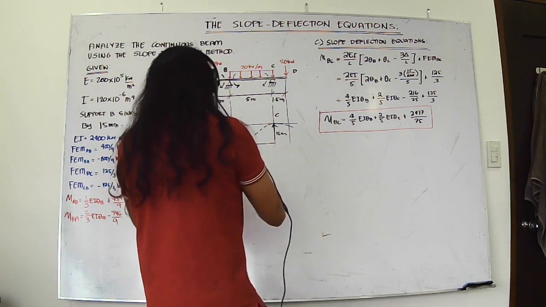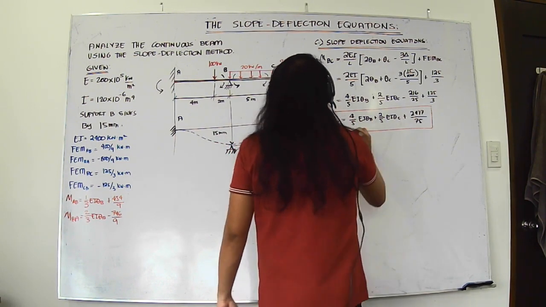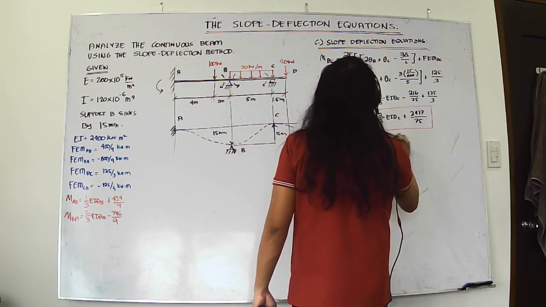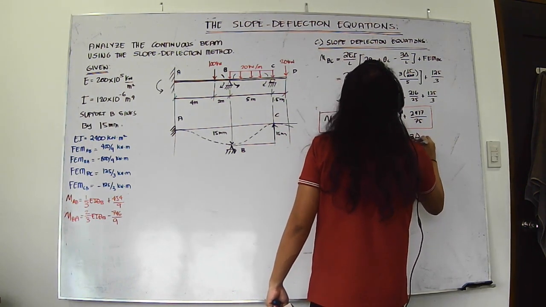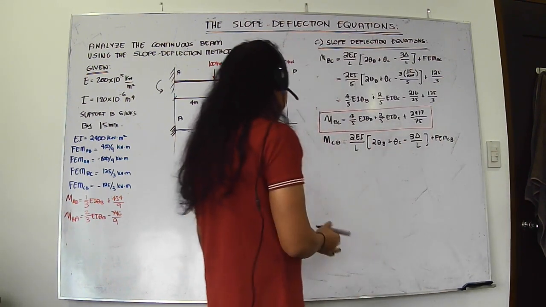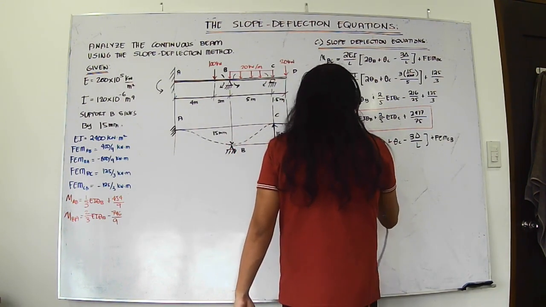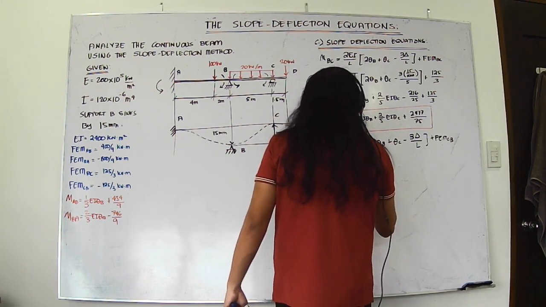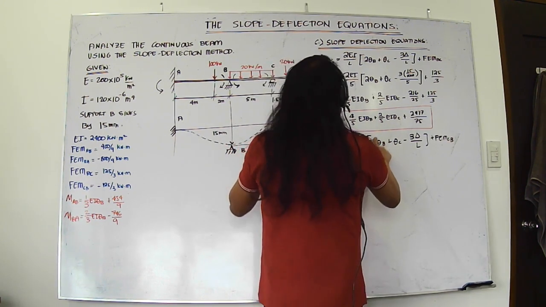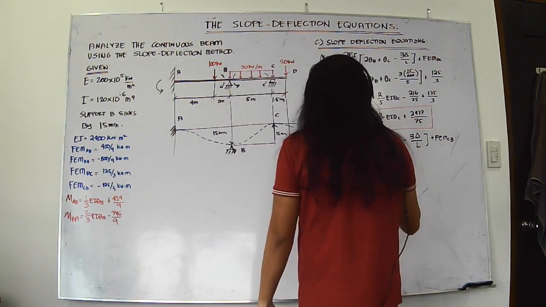It is just algebra all the way. Now MCB. MCB is equal to 2EI over L, 2 theta B plus theta C minus 3 delta over L. It is long and repetitive, but I can recheck my steps anytime and it wouldn't hurt too much, so I write each step.